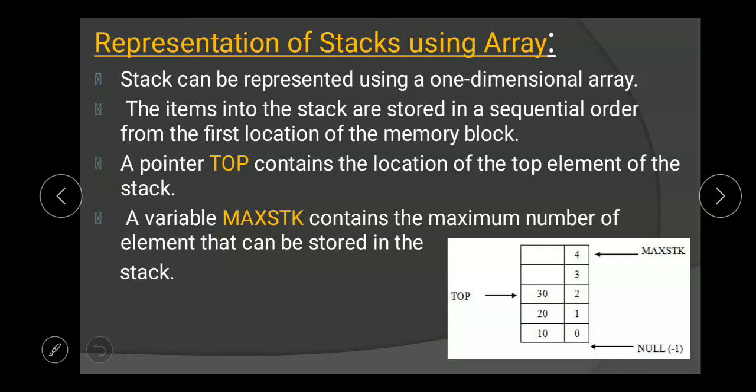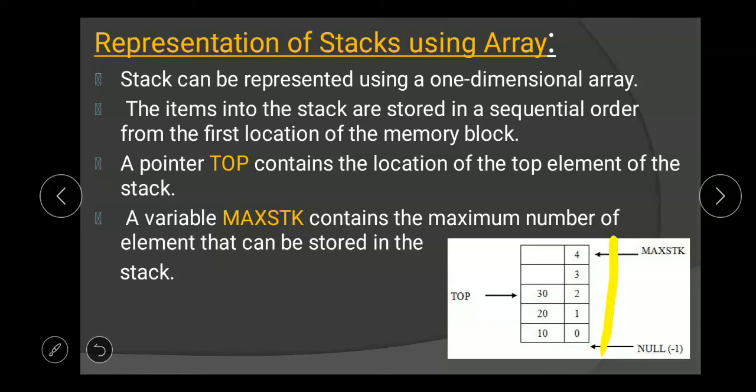In the figure we can see that this is our stack. 0 1 2 3 4 are the positions we can store elements in. This is our null element; we don't have elements here, and we can store a maximum of 4 elements.